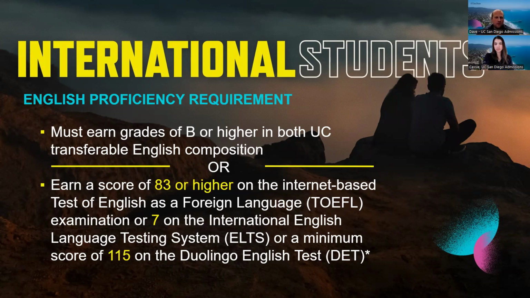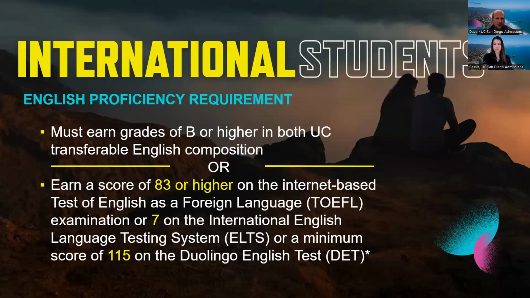There are a number of ways that students can demonstrate English proficiency. One of the most common ways for transfer students to do so is to earn a grade of B or higher in those UC-transferable English composition courses that they're required to take to complete that 7-course pattern. That's probably the most common way that our transfer students are doing so.